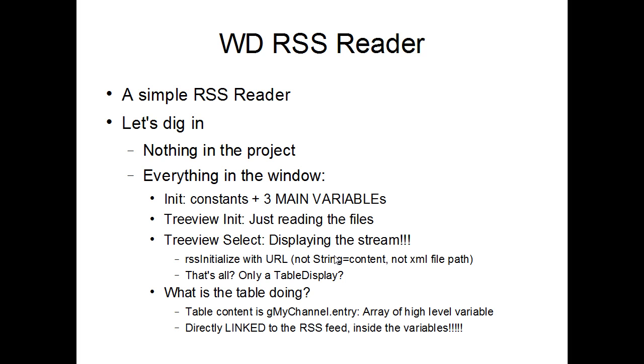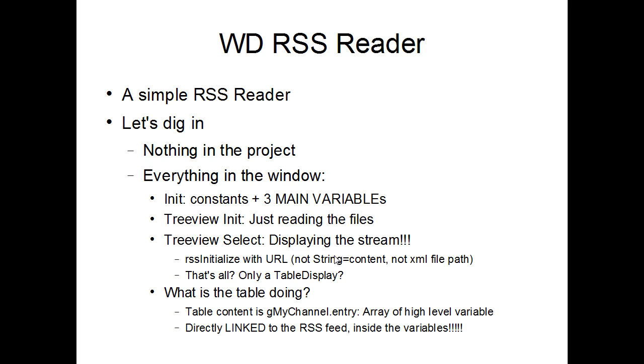It's directly linked to the RSS feed inside the variable. It's really amazing stuff, because imagine the number of lines of code that you would have to write in order to do the same thing. So that is really some powerful stuff.